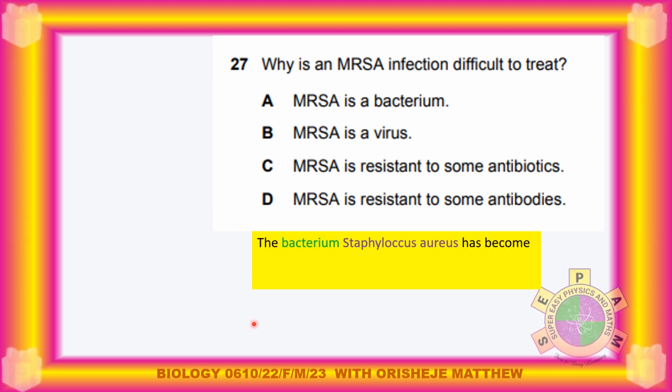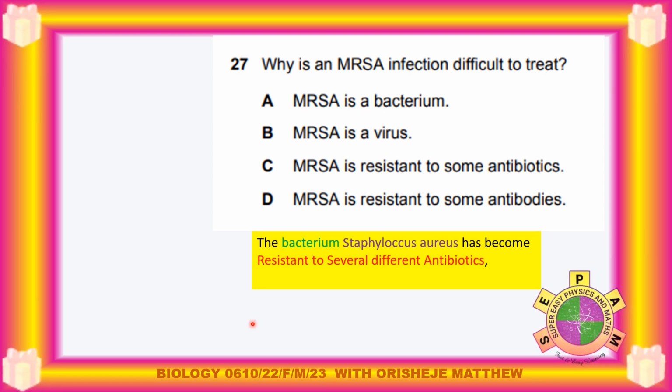The bacteria Staphylococcus aureus has a strand which is resistant to several different antibiotics. So that is MRSA, resistance to several antibiotics. So we look at this particular group of bacteria.